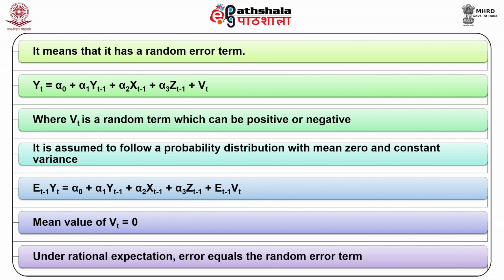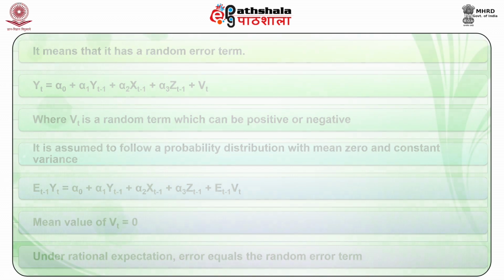E t minus 1 into yt is equal to alpha 0 plus alpha 1 into yt minus 1 plus alpha 2 x t minus 1 plus alpha 3 into z t minus 1 plus E t minus 1 into vt. Mean value of vt is equal to 0. Under rational expectation, error equals the random error term.